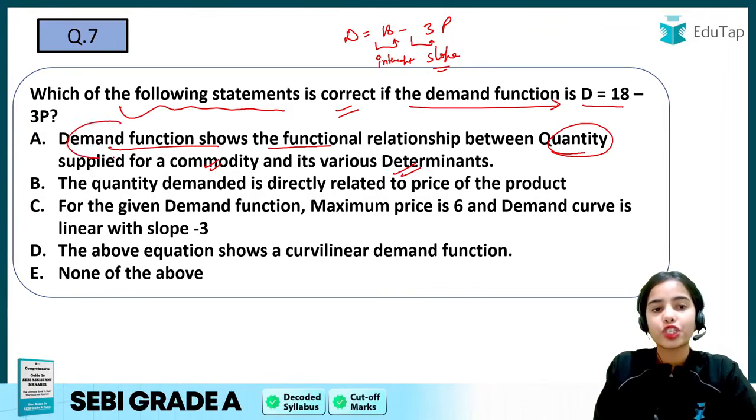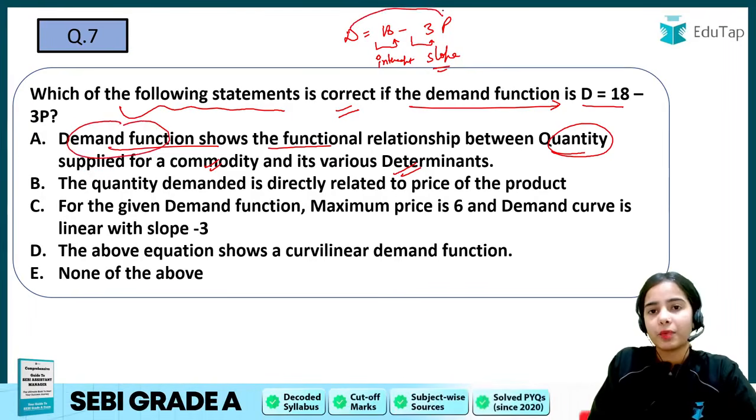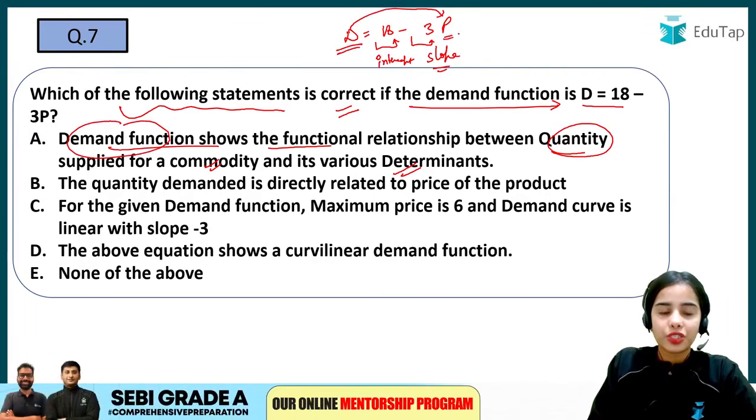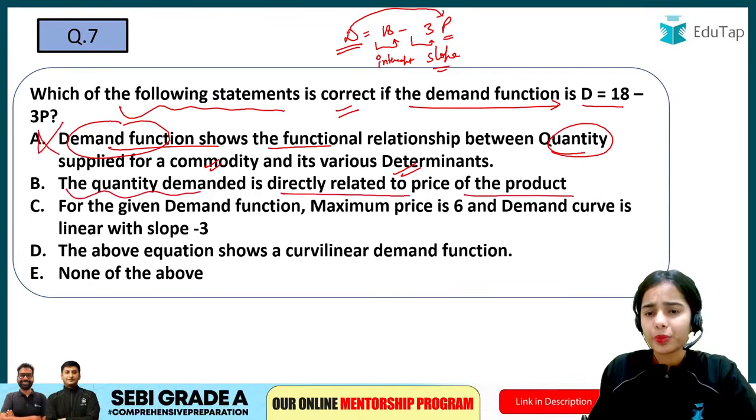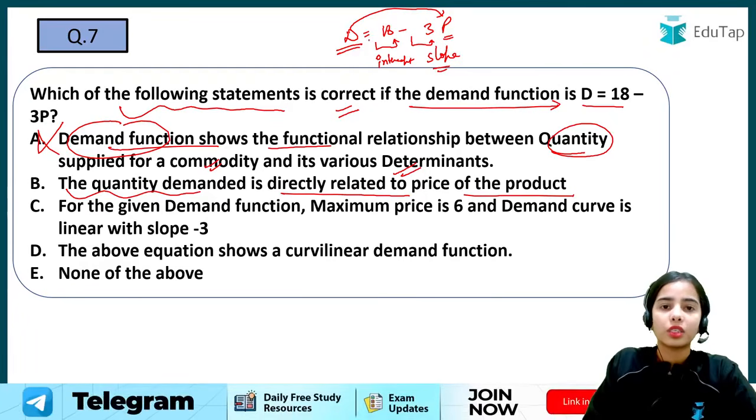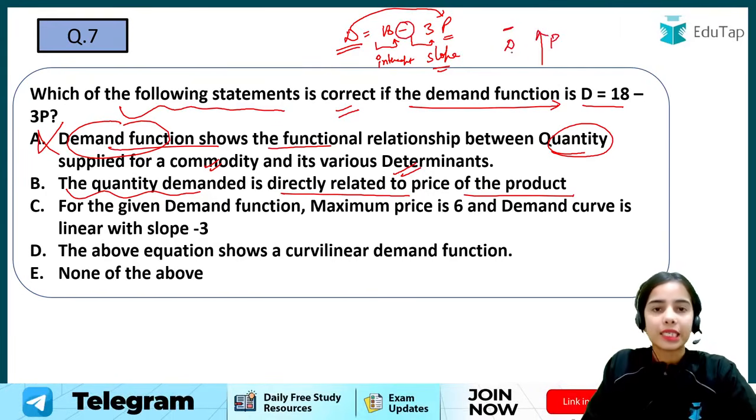No, the demand function shows the relationship between the demand and price, and the changes in the demand with the changes in the price. Is the quantity demanded directly related to price? No, the negative sign means that the demand is inversely related with price. When the price is increasing, demand will fall. So there is an inverse relationship between demand and price.